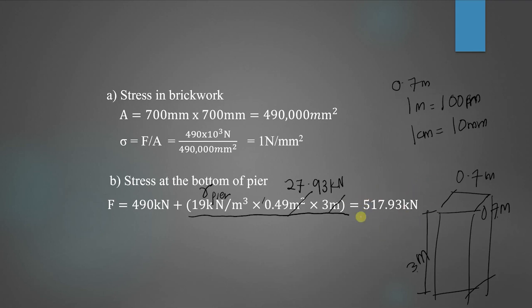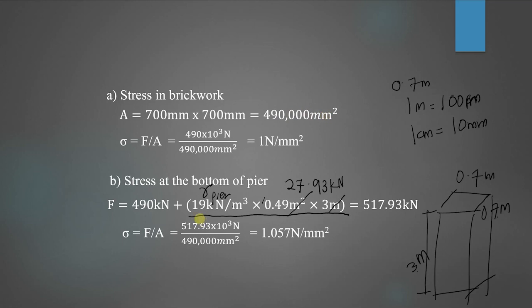Okay, total load means the weight of the pier and the load from the column too. And then simply divide it with the area again. Okay, so the area is still the same because the area of the base of the pier is 0.7 meter times 0.7 meter, or 700 mm times 700 mm.